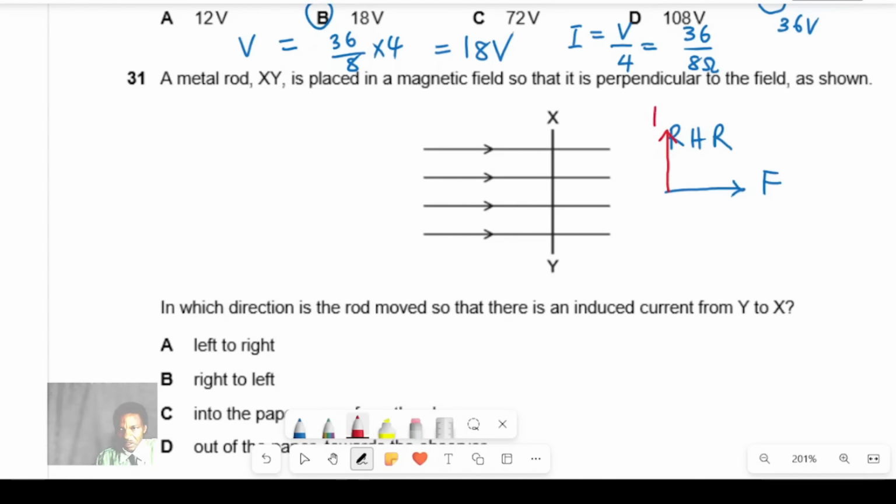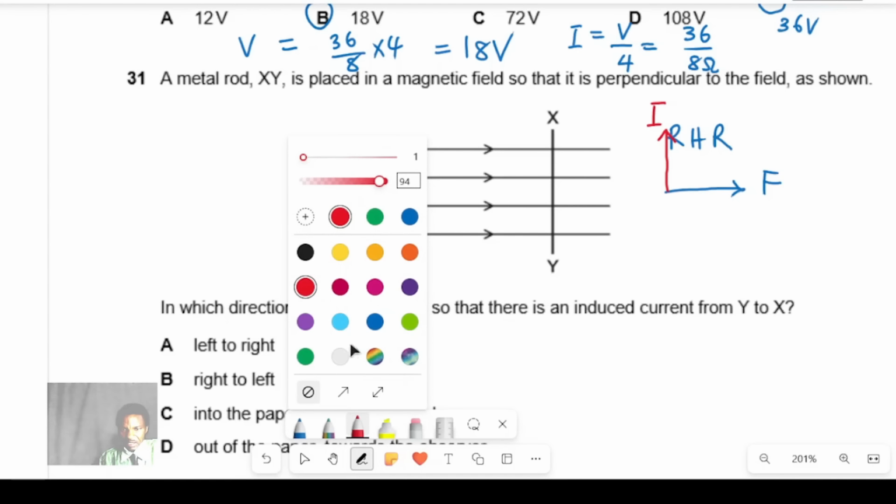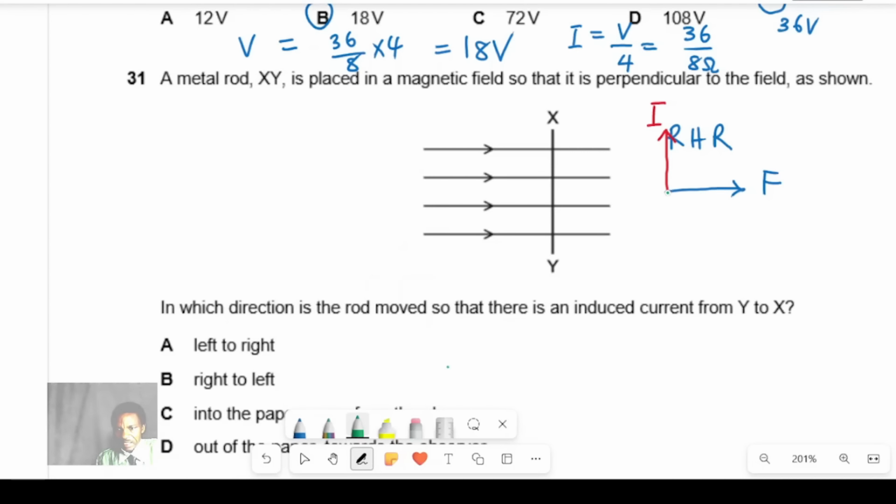So this is the current I, and then finally you look for the direction. So this will come like this. So this will be the motion, which is the thrust.